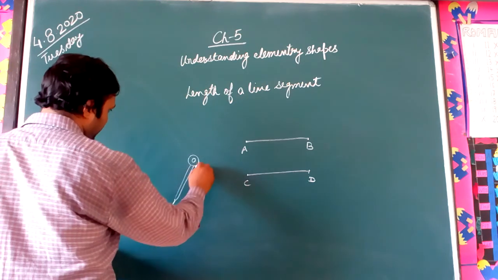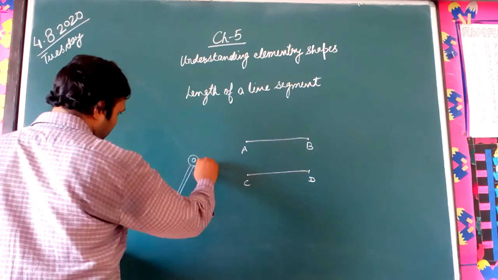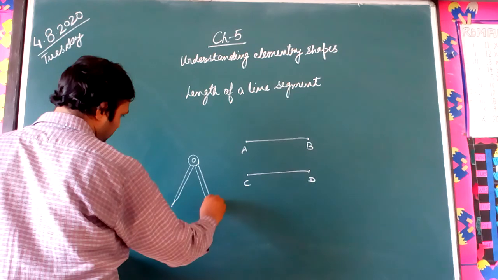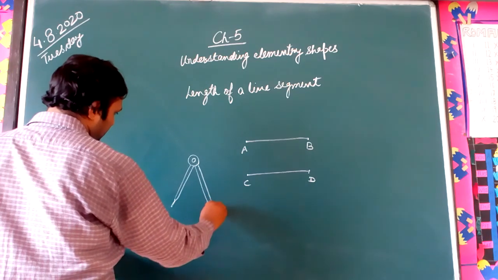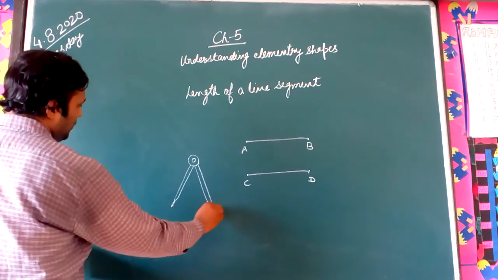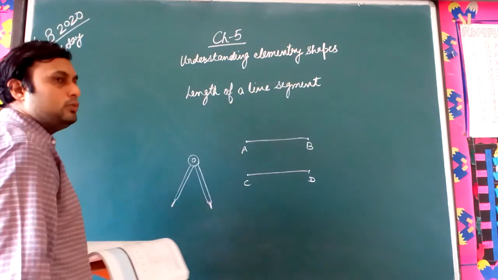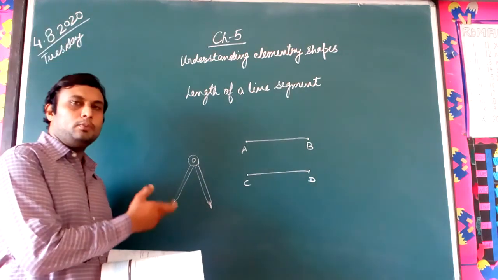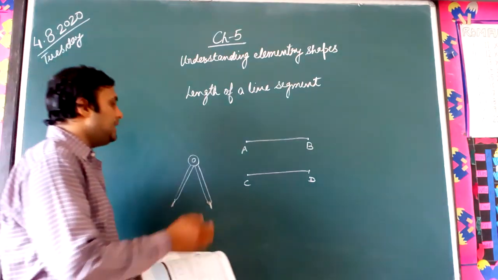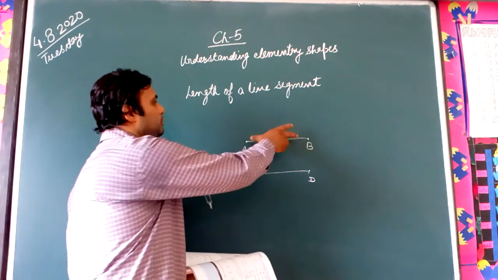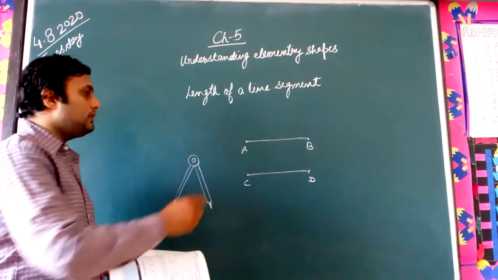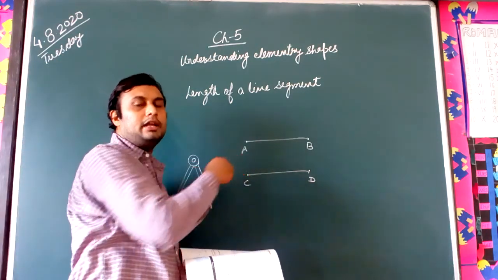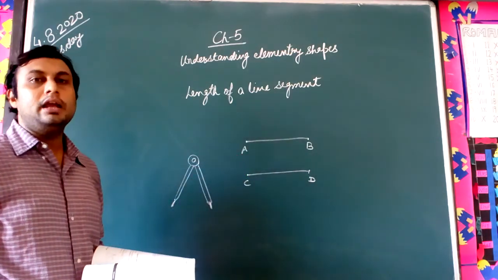It's in your geometry box. What you have to do is, you have a ruler, a scale there. You put the divider on the scale and open it, and with the help of this divider, you can measure the line segment. If both the line segments are of the same length, then you can say that both the lines are equal.